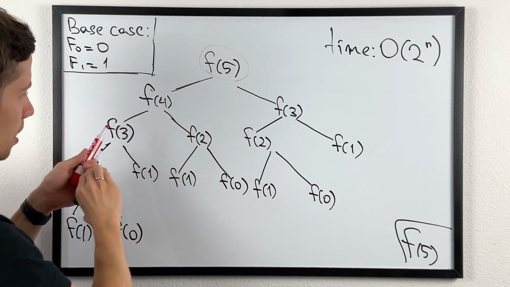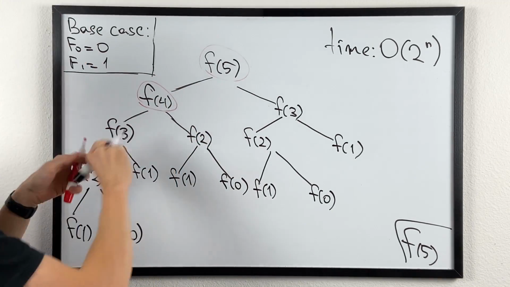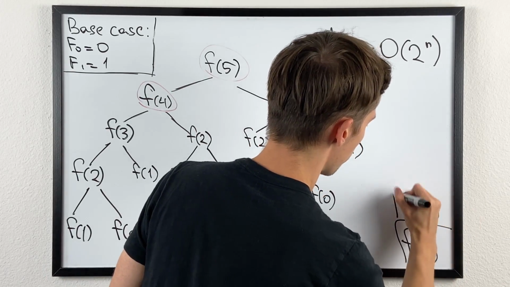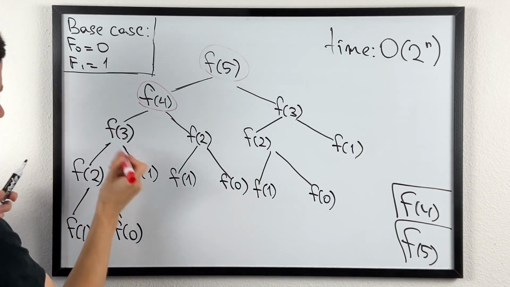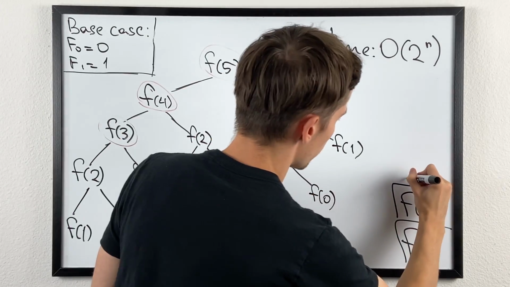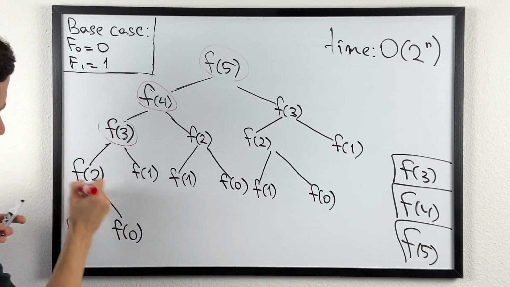Then function Fibonacci of 4 is called, and it gets placed on the memory stack. Then, in a similar manner, Fibonacci of 3 is called and placed on the memory stack. Then Fibonacci of 2 is called.